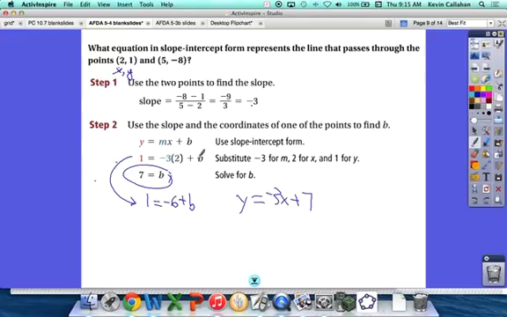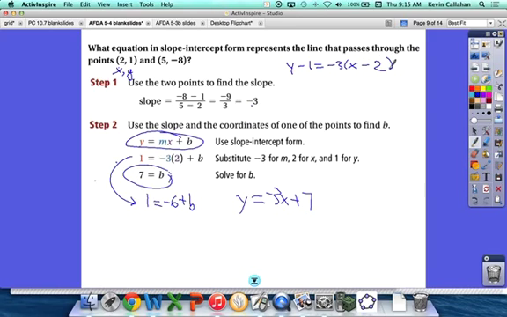Honestly, most of the time, I have to do this frequently, and I would use point-slope form. I would not use this. I would definitely calculate the slope first, but once I had the slope, I would use 1 point and the slope in point-slope form, like this. y minus 1 equals negative 3 times x minus 2.